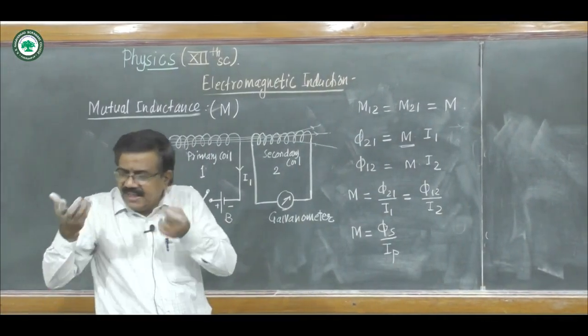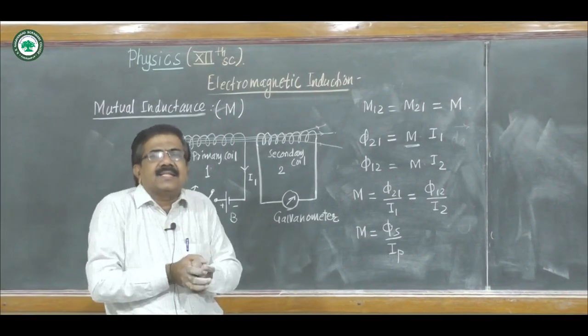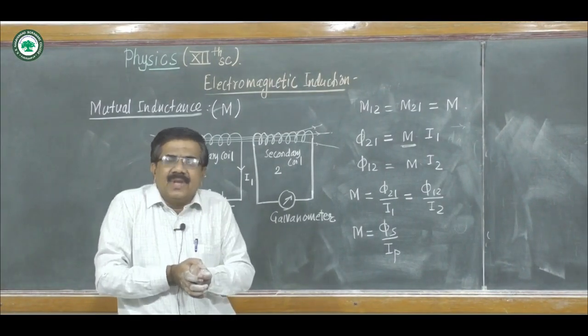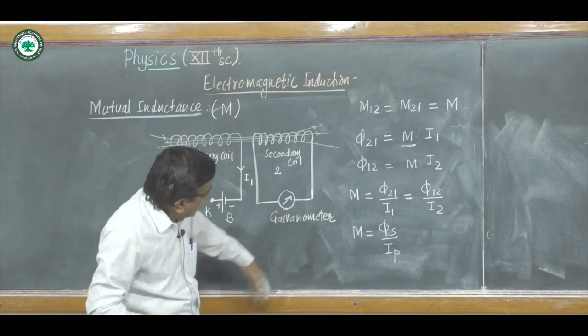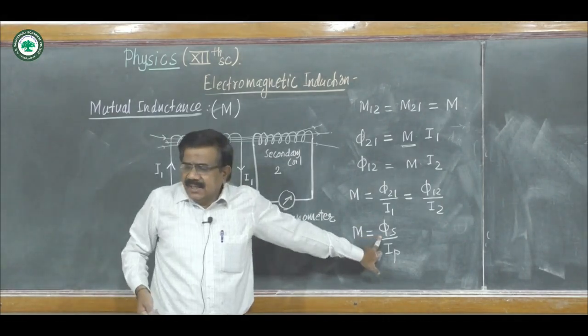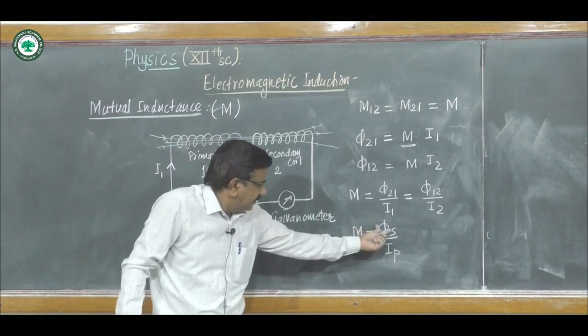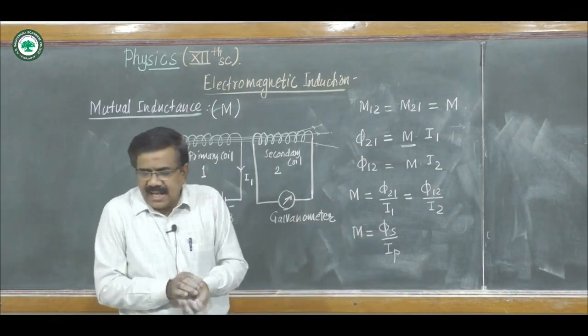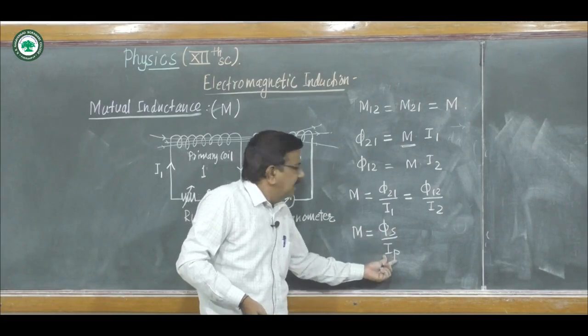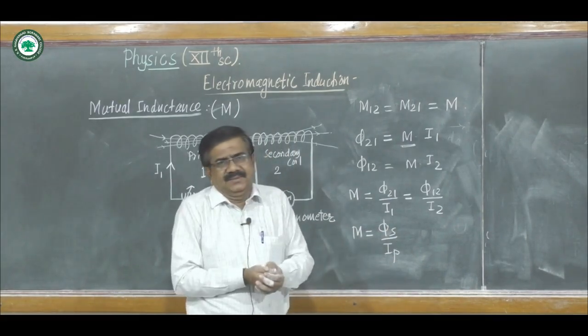So mutual inductance of two circuits or coils is magnetic flux linked with the secondary circuit per unit current IP in the primary circuit.